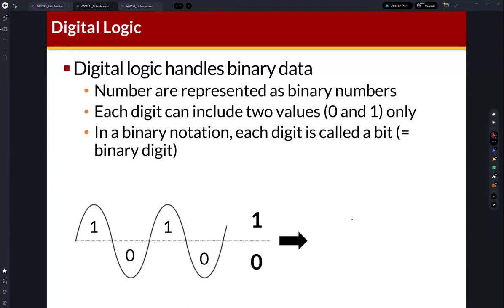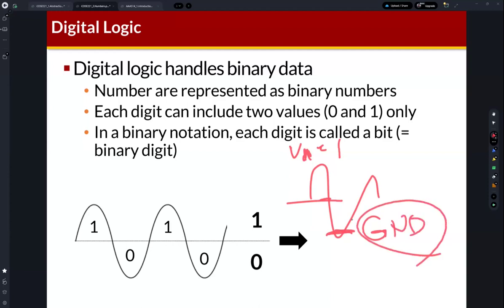You know the voltage signal is just an analog signal, but we understand the high voltage, like VDD, as 1, and the low voltage, the ground, as 0. So we just use the two values, 1 and 0, in digital systems.